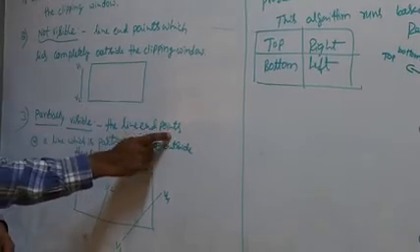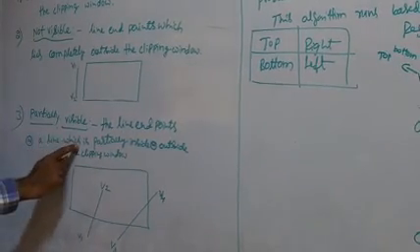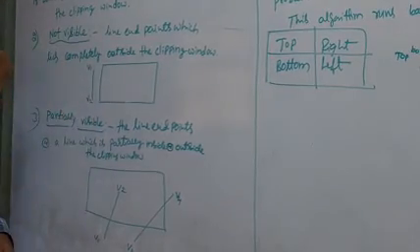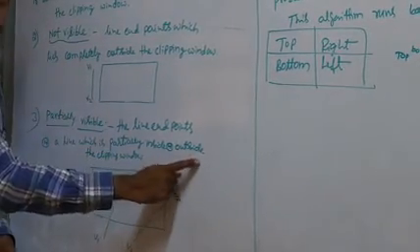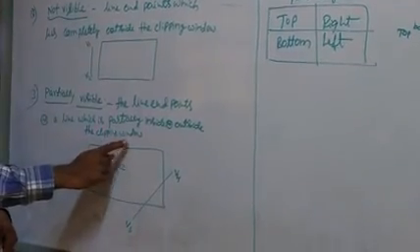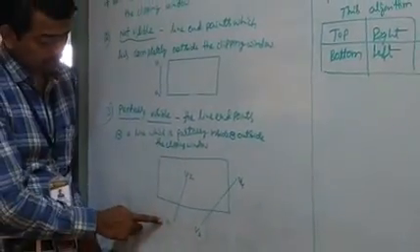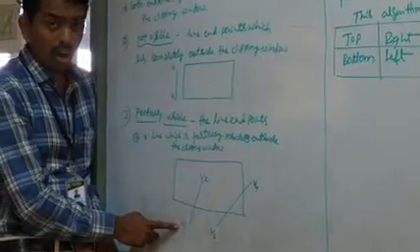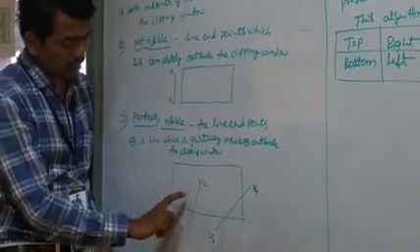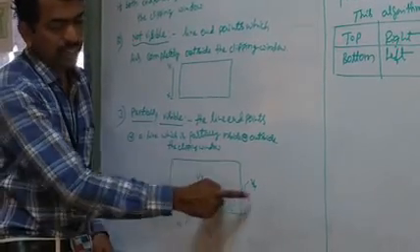Similarly, a partially visible line is a line which is partially inside or outside the clipping window. One end point is outside the window and the other is inside the window. Consider V1 and V2, V3 and V4.